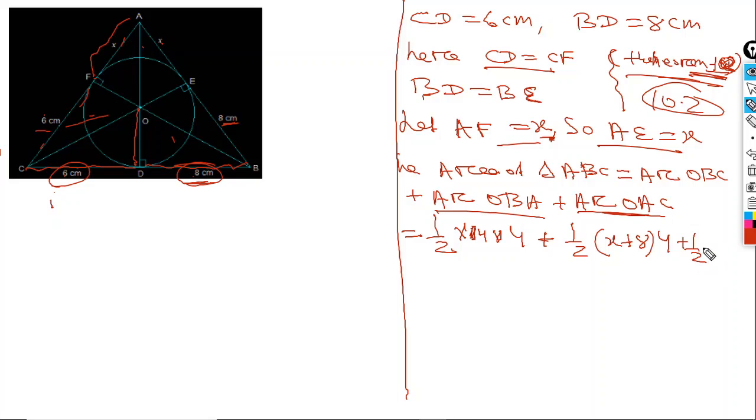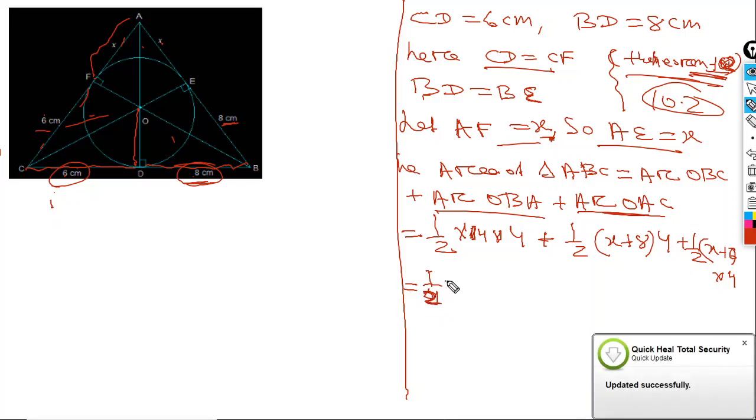So 1 by 2 into x plus 6 into 4, which will be equal to, you can take common 1 by 2 into 4.